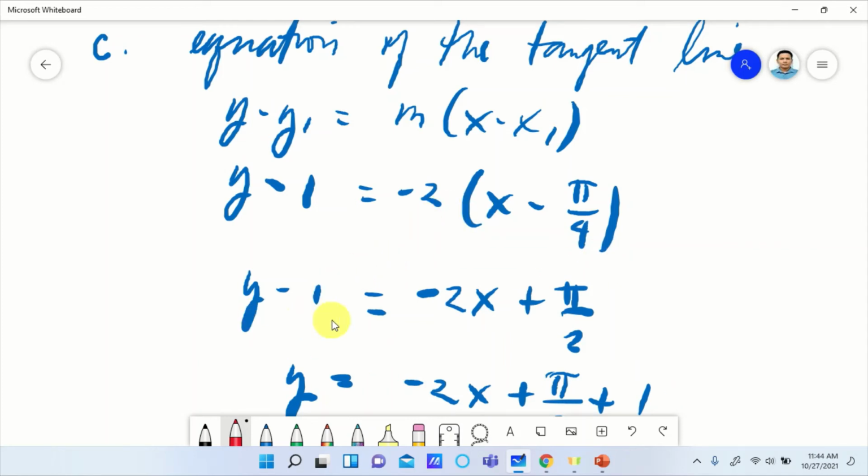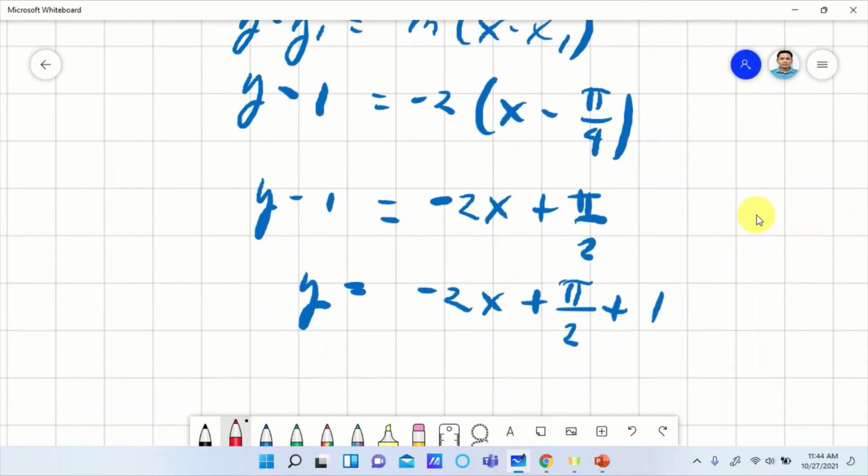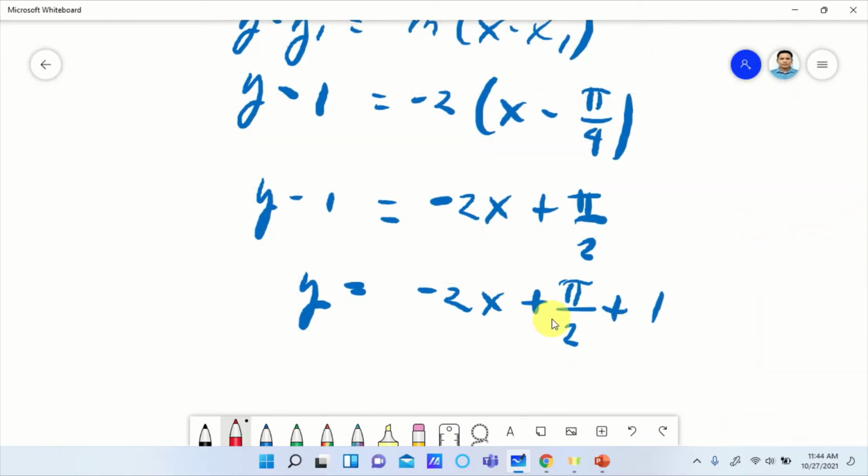So you have y minus 1 is equal to negative 2x plus pi all over 2, because negative 2 times negative pi all over 4 is positive pi all over 2. Then you transpose your negative 1 to the other side of the equation. So the equation of the tangent line therefore is y is equal to negative 2x plus pi all over 2 plus 1.